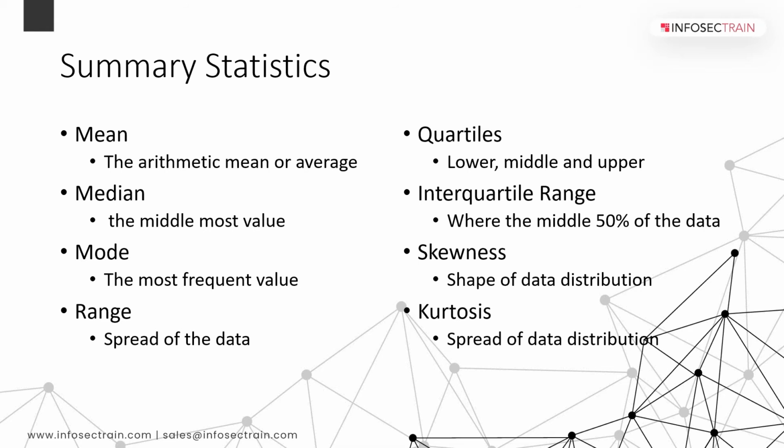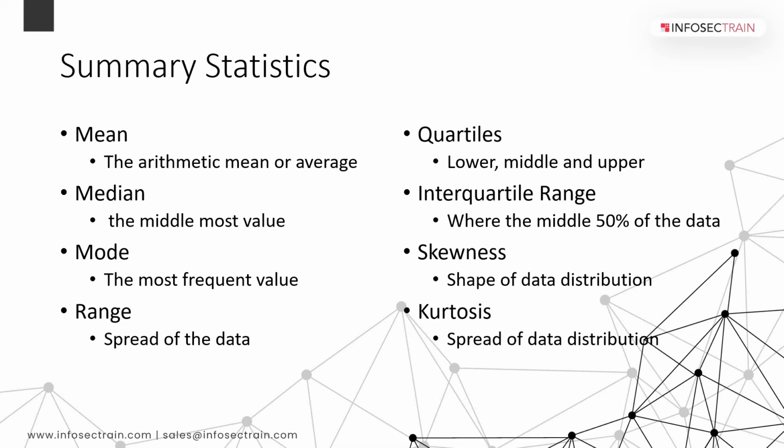Then median is the Q2, which is the middlemost value. The upper quartile is Q3, and we use it for finding the value at which we cover 75% of the data.